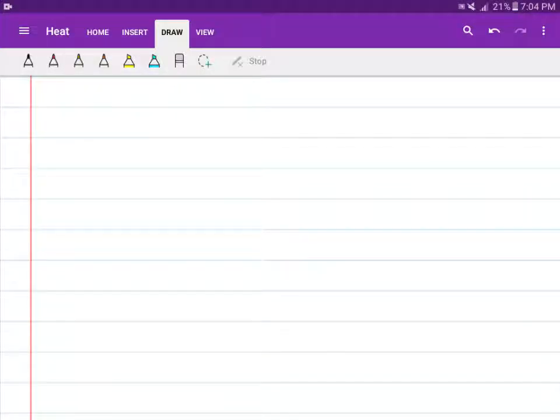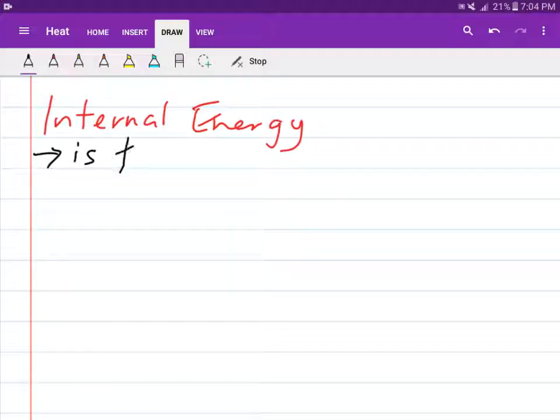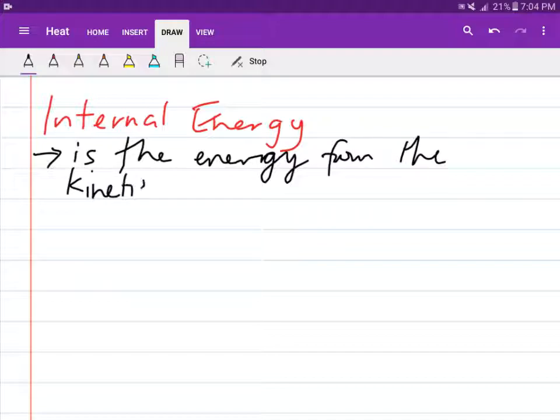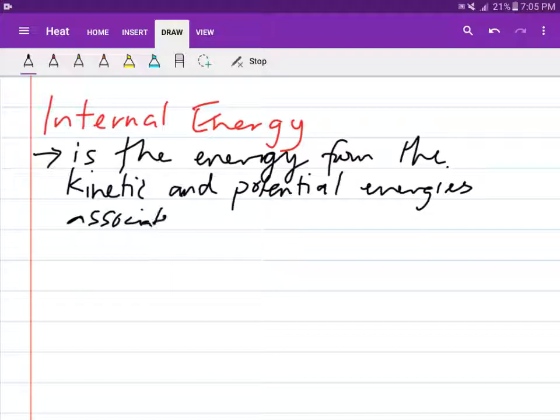So next we define a quantity called internal energy. Internal energy is the energy from the kinetic and potential energies associated with random motion of the molecules.